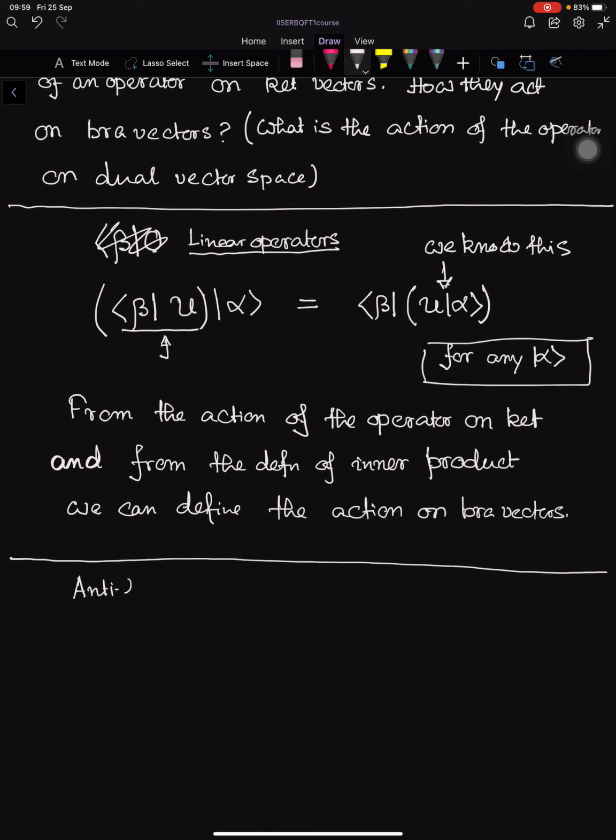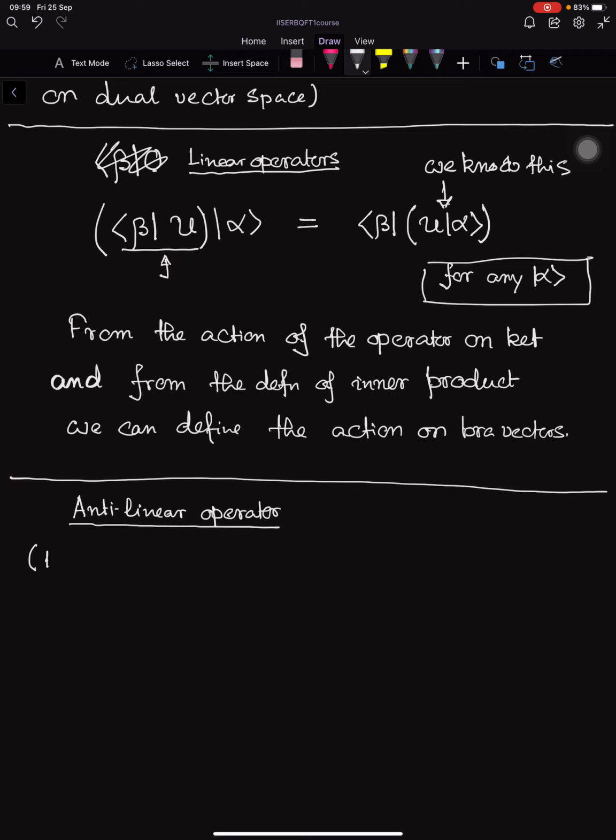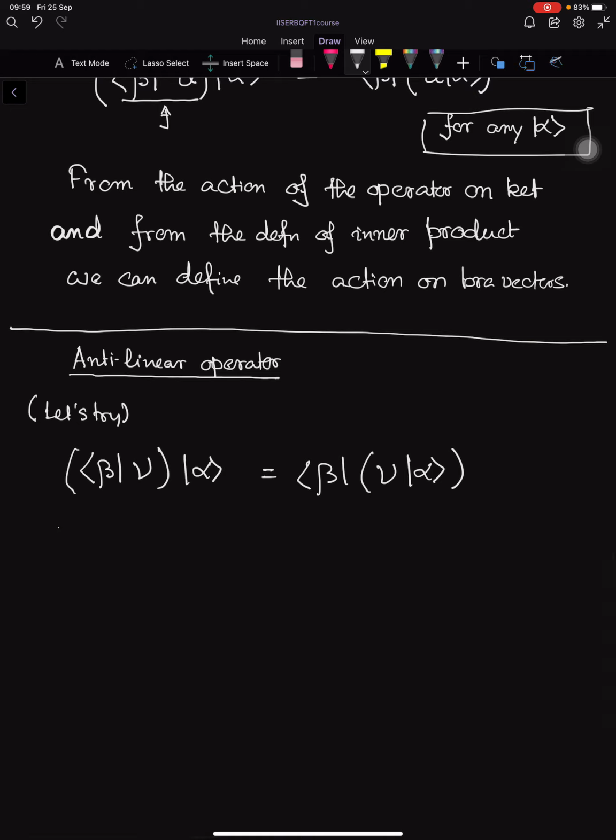Let's take an antilinear operator. Now let's say the definition is the same. So beta V acting on alpha plus gamma is the same as beta V acting on alpha plus beta V acting on gamma. But let's take now a different combination.